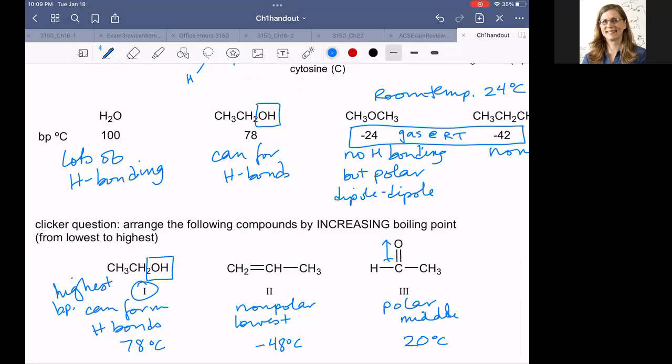So what we can't do is predict what the boiling point will be. We have no way of coming up with a number. But what we should be able to do is look at two compounds and decide the relative boiling points. Which one would you expect to have the higher boiling point and the lower boiling point, and why? Can you explain that? You're going to see that on my exams. There's tons of why questions, so you're going to have to be ready to explain the answer that you're proposing.